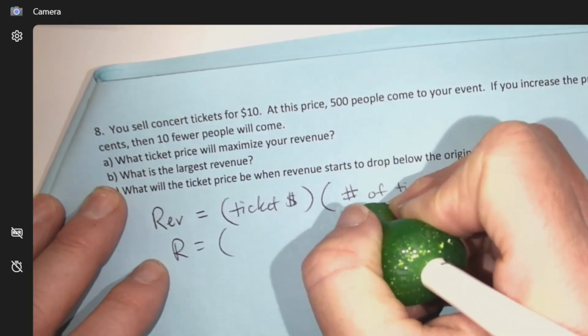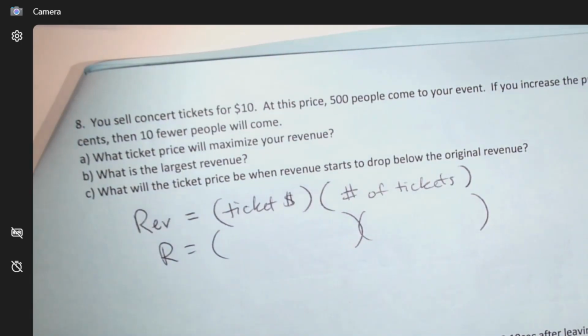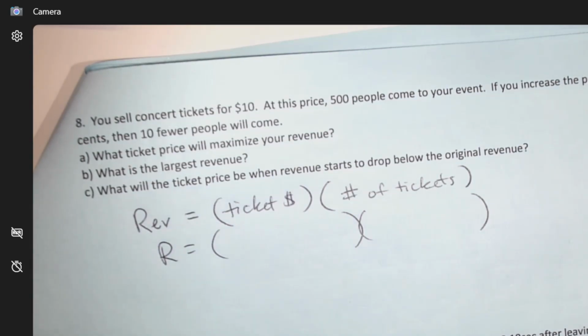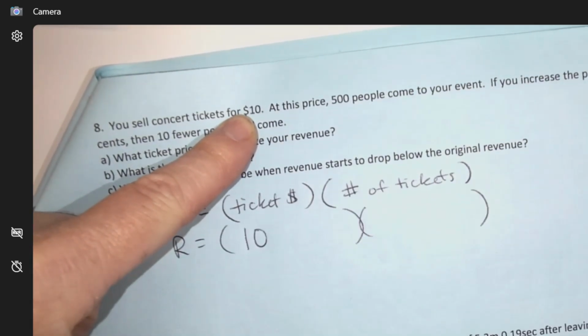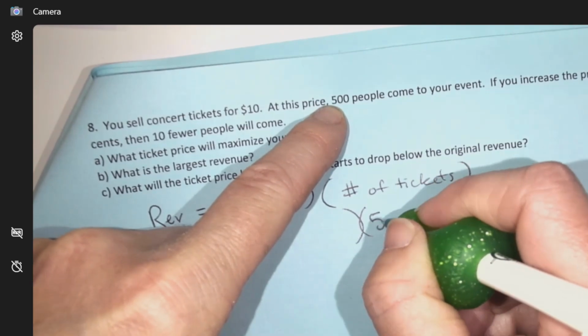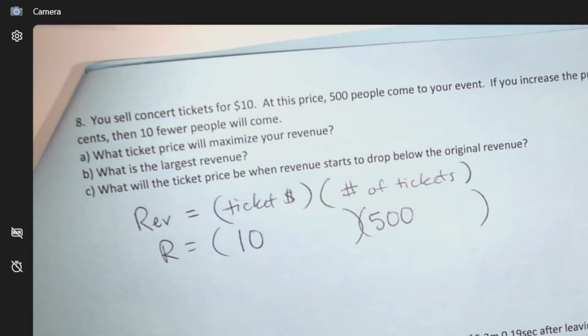Revenue equals, I'm going to give 2 brackets, and I'm going to fill in the info. So your ticket price right now is $10, and you have 500 people coming.